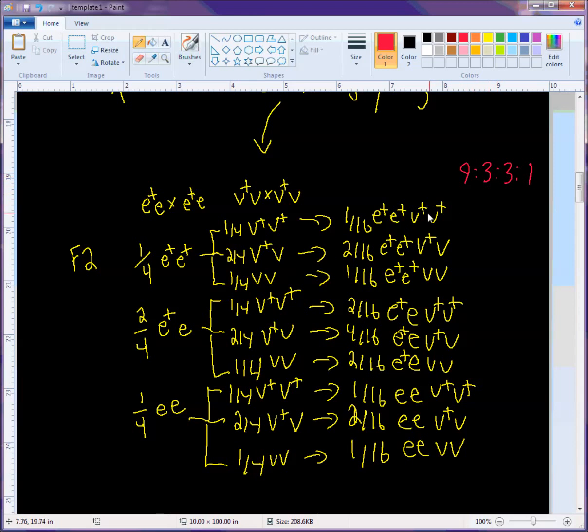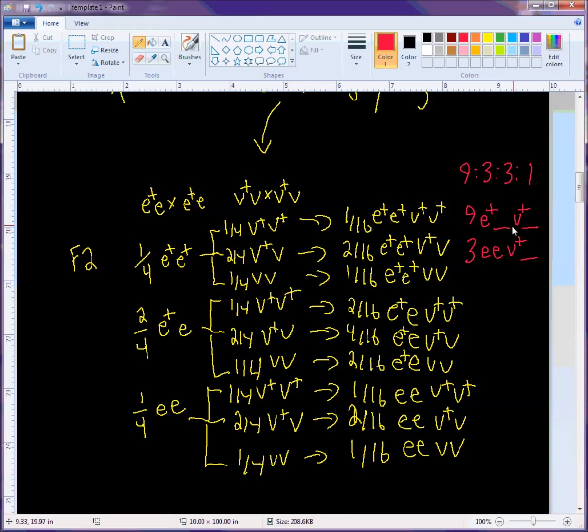We should see 9 that have at least one wild type E allele and one wild type V allele. We should see 3 that are homozygous recessive for E and have at least one wild type V allele.